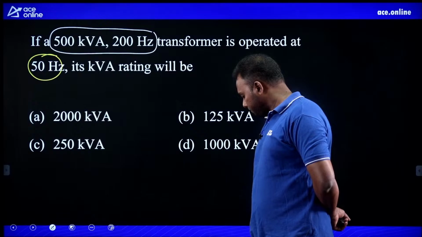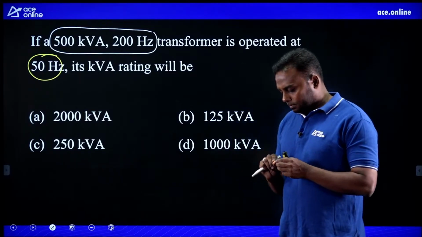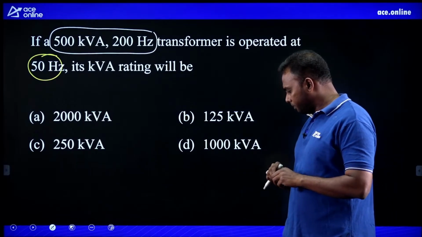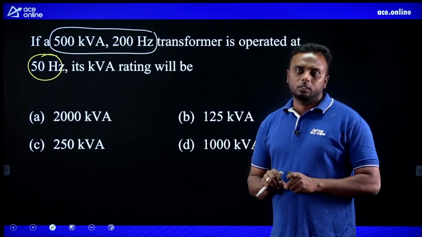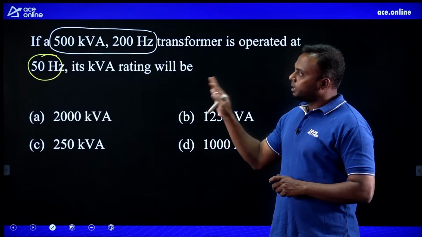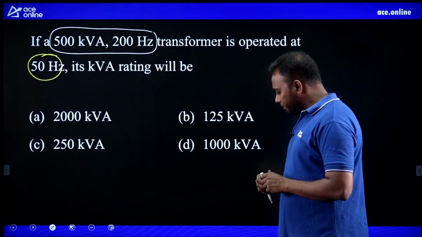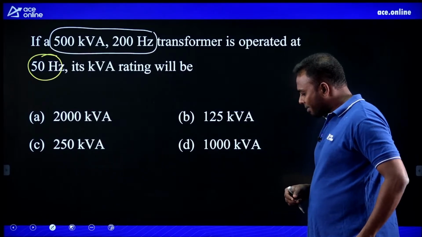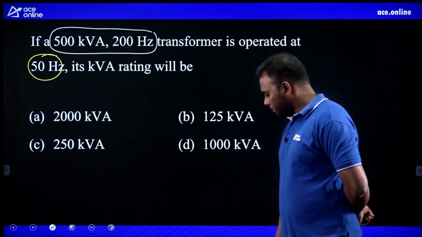Tell the answer. A 500 kVA 200 hertz transformer is now operating at 50 hertz only. Then what will be its kVA rating? Answer.